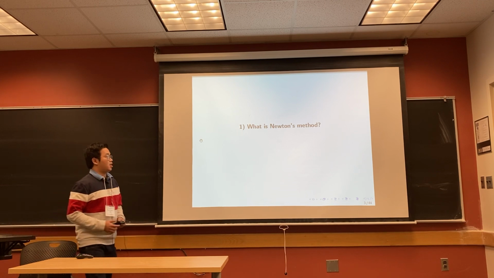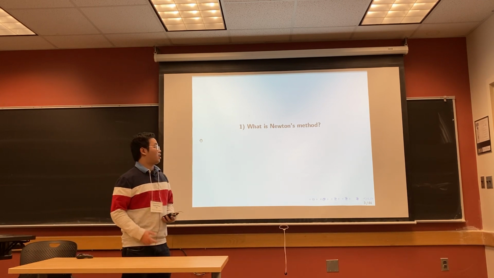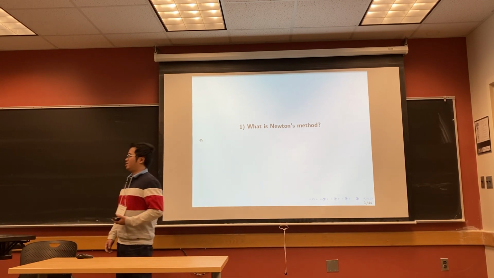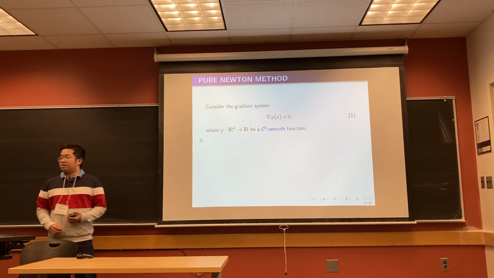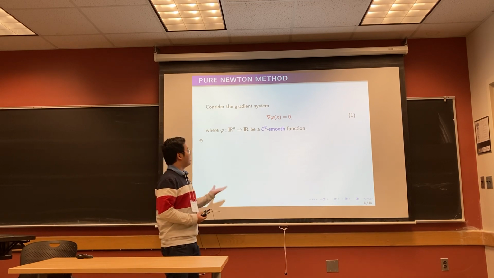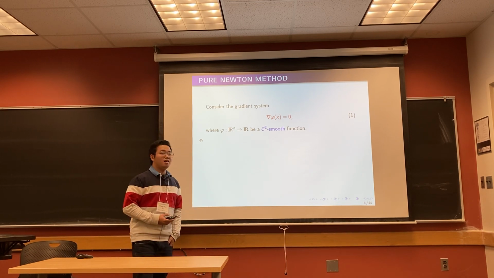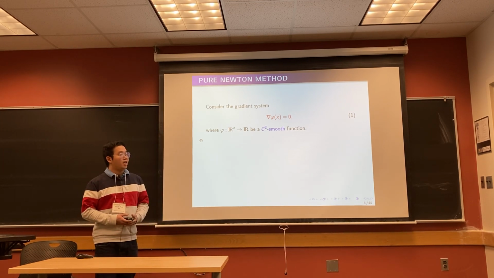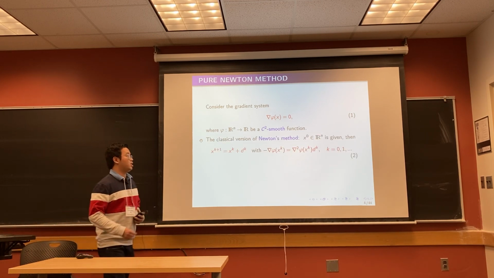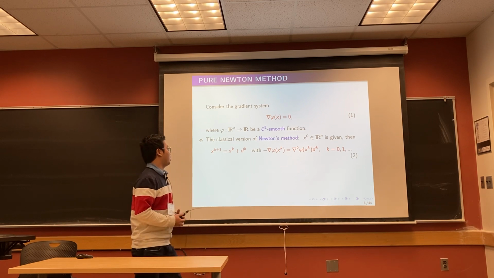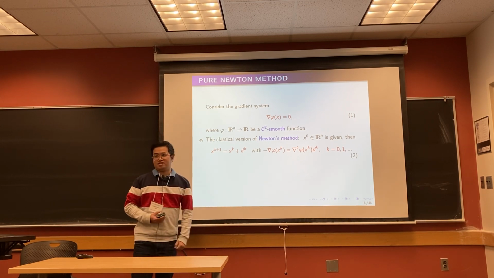Okay, first I need to recall what the Newton method is, in the C2 smooth case. We consider the system right here, where phi is a C2 smooth function. The Newton method starts at x0, and then we construct the sequence like this.